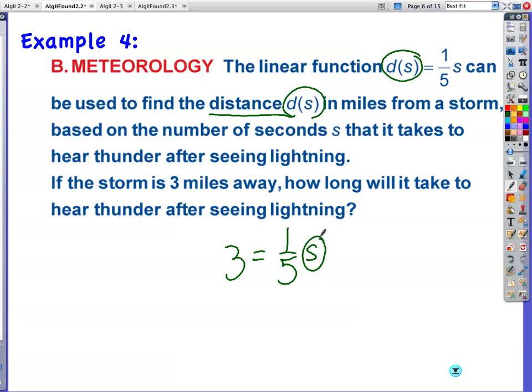How do I solve for s? I want to undo 1/5. That means I take both sides times 5 over 1. You can just say times 5 and you'll be fine. All right, this 5 cancels, so I have s equals 15. Because I'm solving for s, that is 15 seconds.